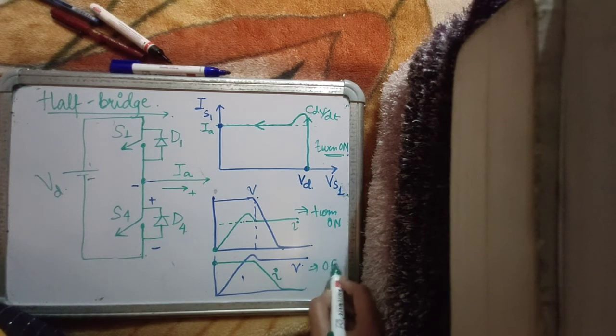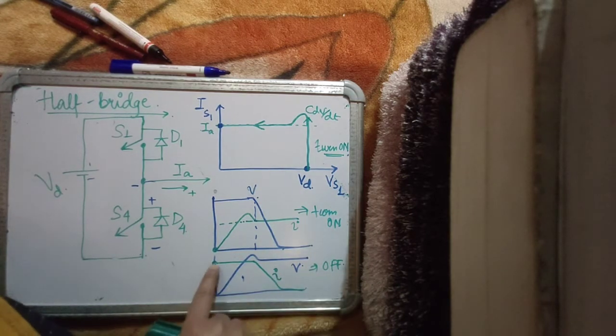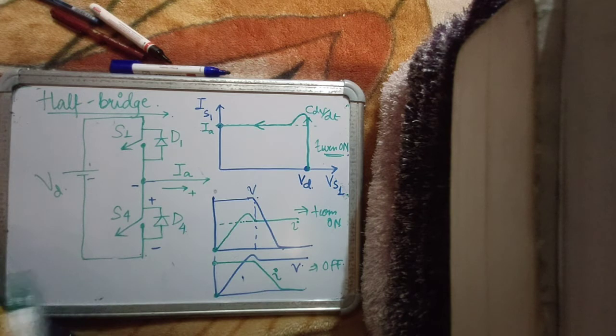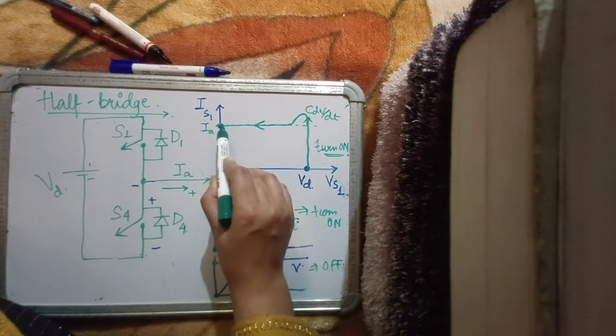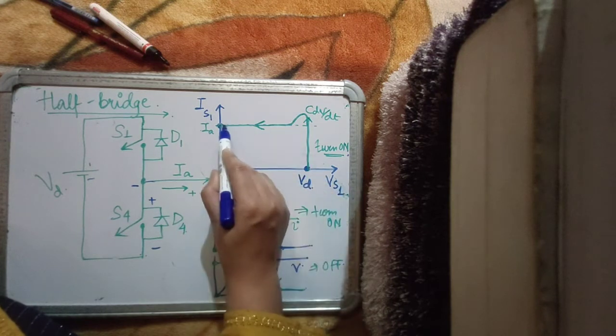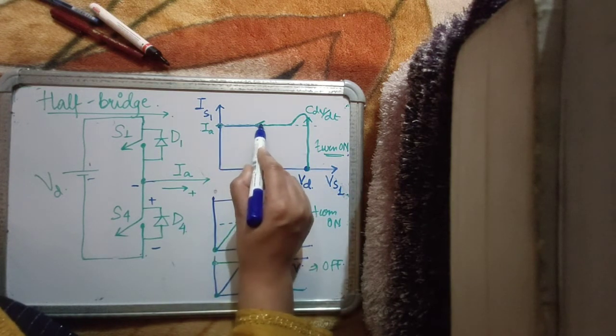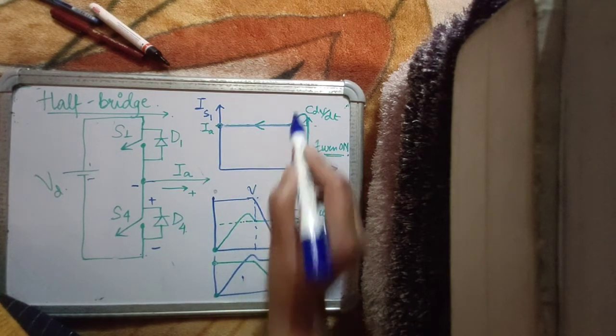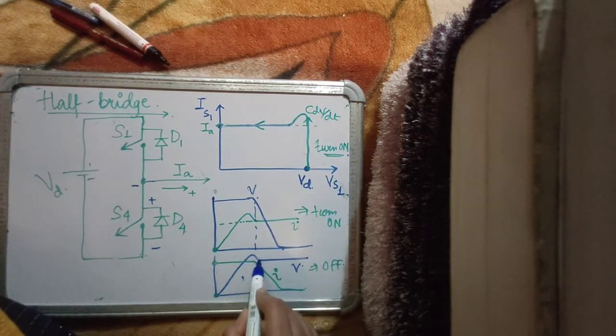This curve is for turn on and this curve is for turn off. Now at turn off, there is some current initially in the device and there is almost zero voltage, right? Now the current remains constant and the voltage starts rising. Voltage is rising, I'm going like this, current is remaining constant until I reach a point where the voltage exceeds its VDC value.